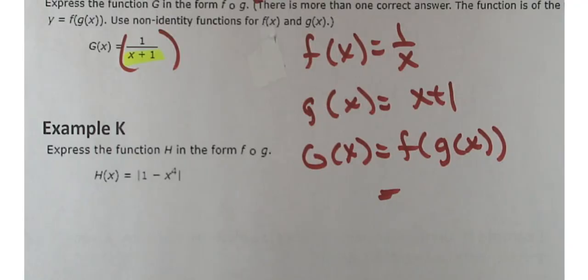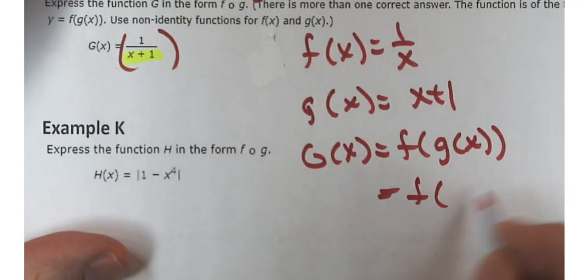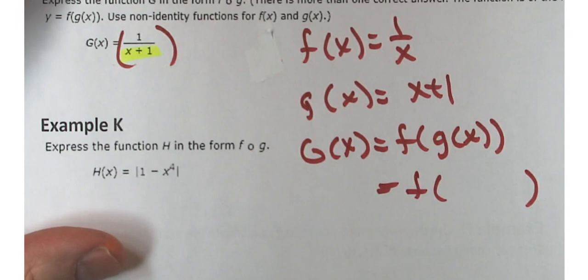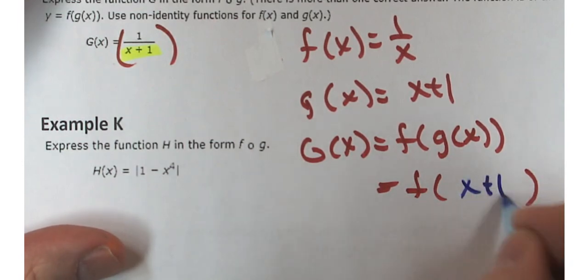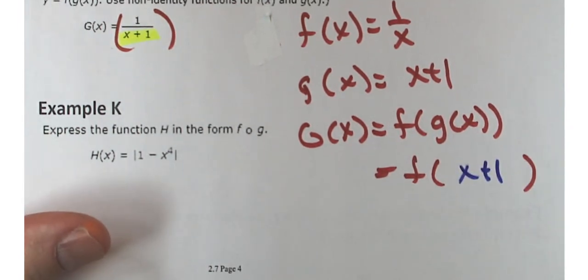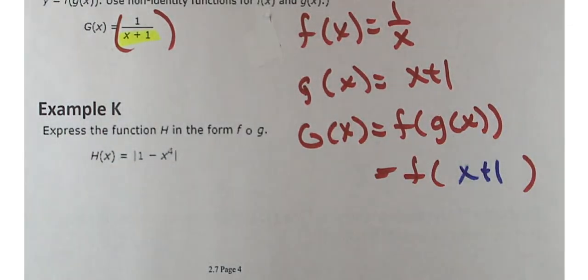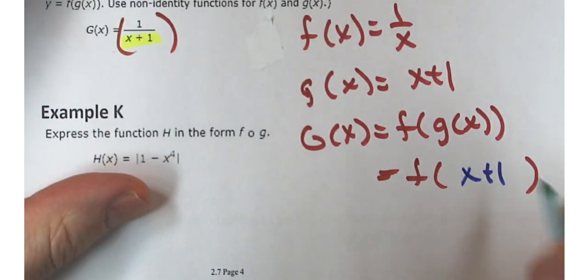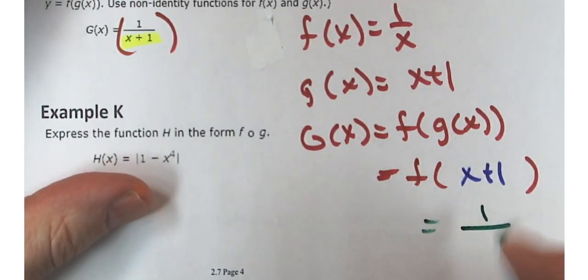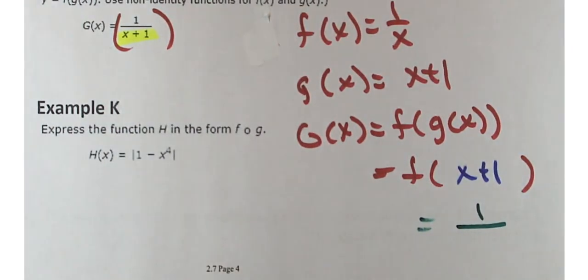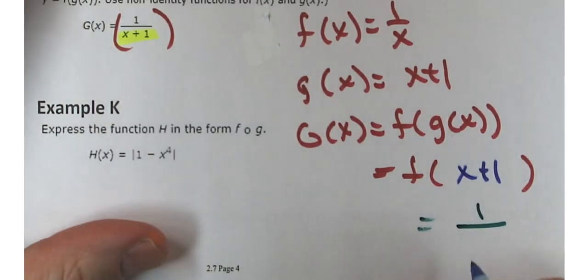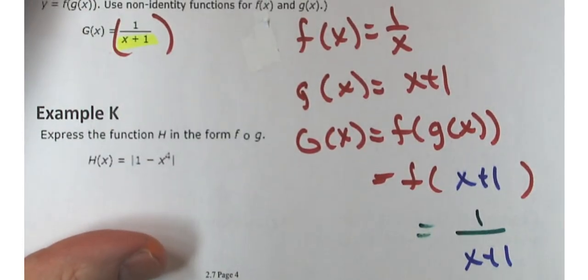So I'll replace g of x here with x plus 1. Now let's look at the function for f of x. It says, oh yeah, let's take the reciprocal of this. So the reciprocal of that is just going to be 1 over x plus 1. Nice. And that's what you're looking for.